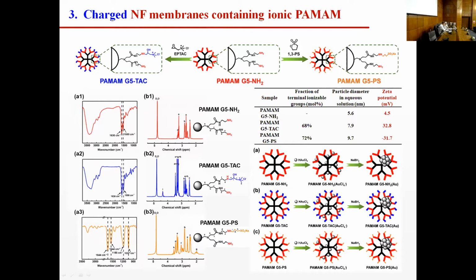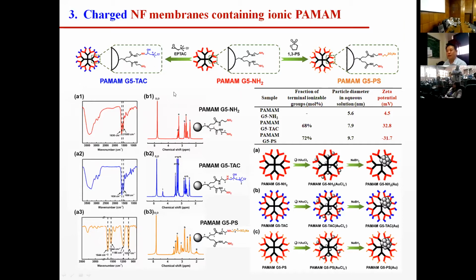If we use this PAMAM to prepare the nanofiltration membrane, the membrane should be charged according to the charged PAMAM state. So this composition is used to prepare the nanofiltration membrane.